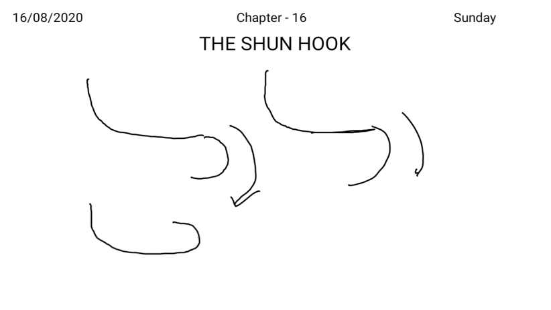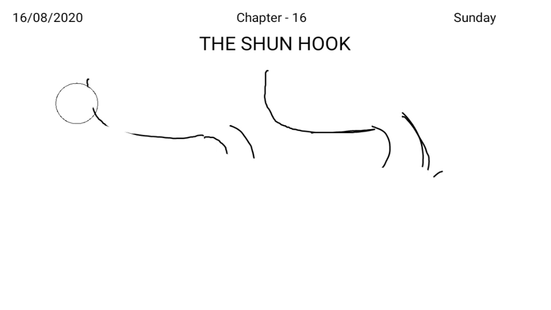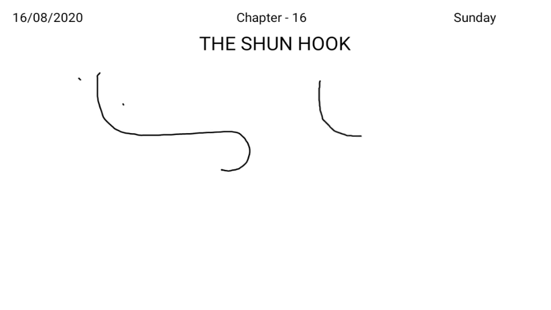To maintain the straightness of stroke K and G, after FK and FG, the Shun Hook is written with the right motion. Example, affection, avocation, etc.